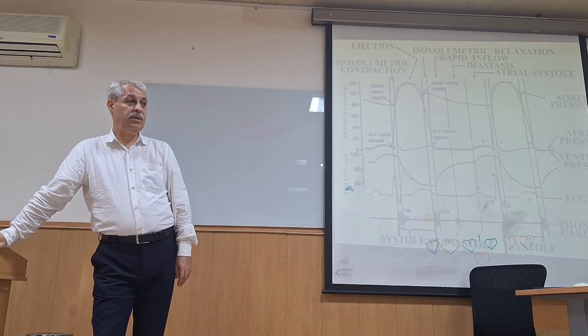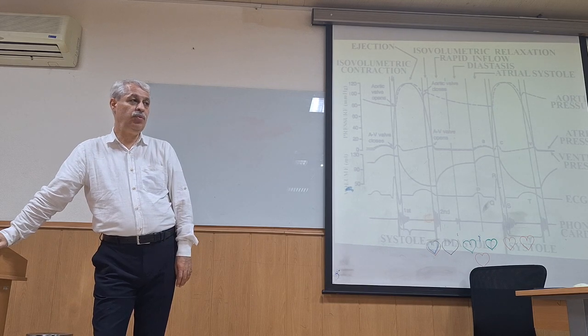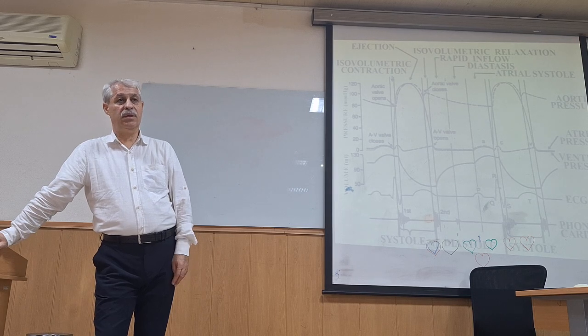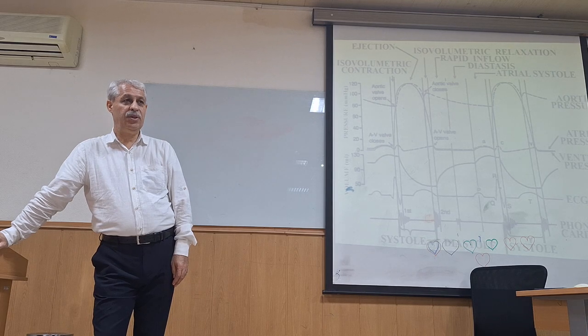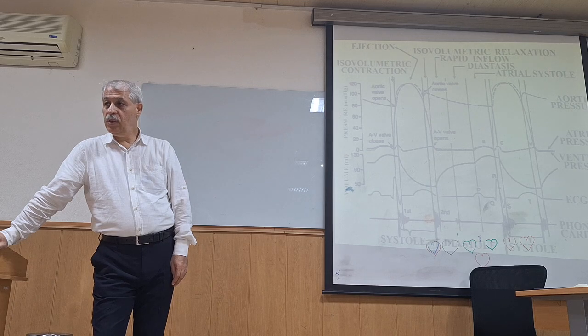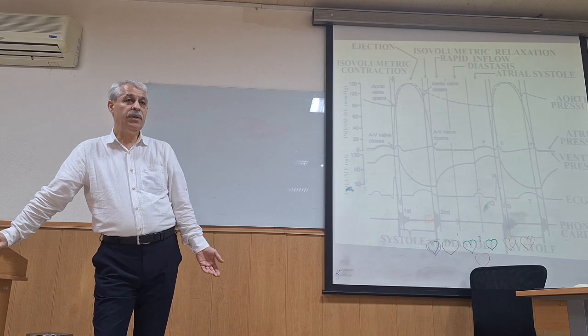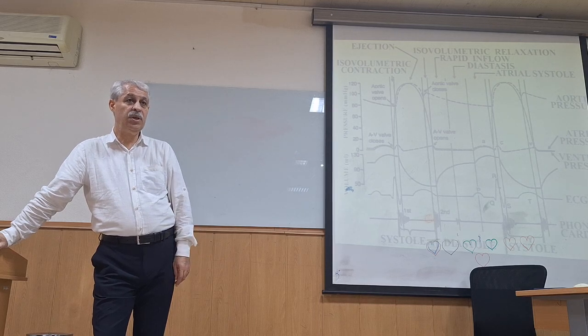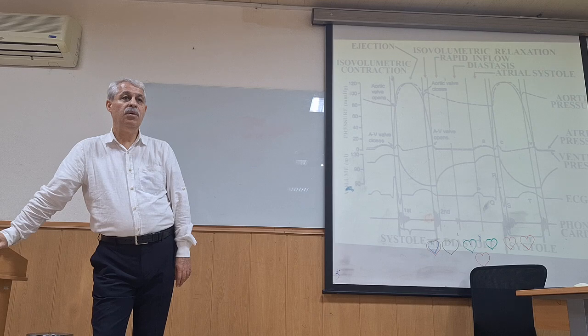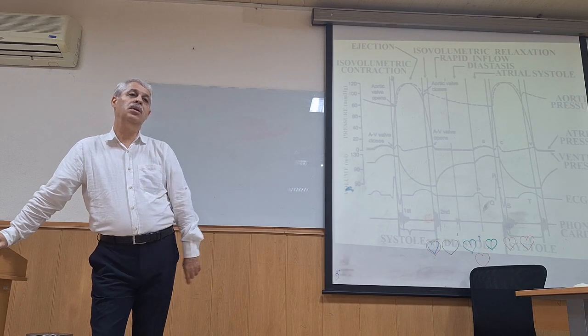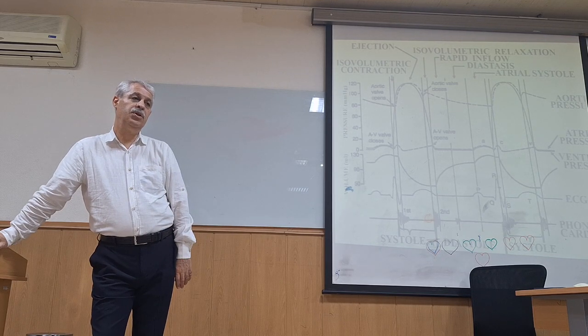In the heart, it is equivalent to venous return or end-diastolic pressure. And afterload equals intraventricular aortic pressure, systolic aortic pressure, or peripheral vascular resistance, or blood pressure.